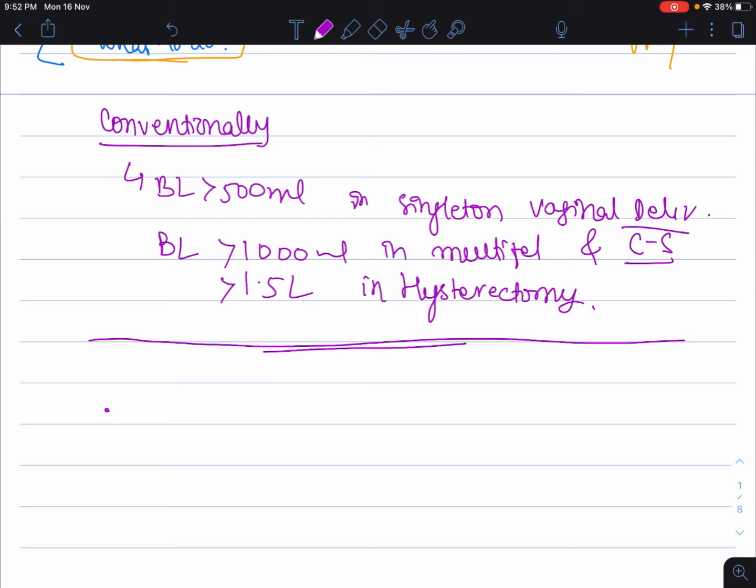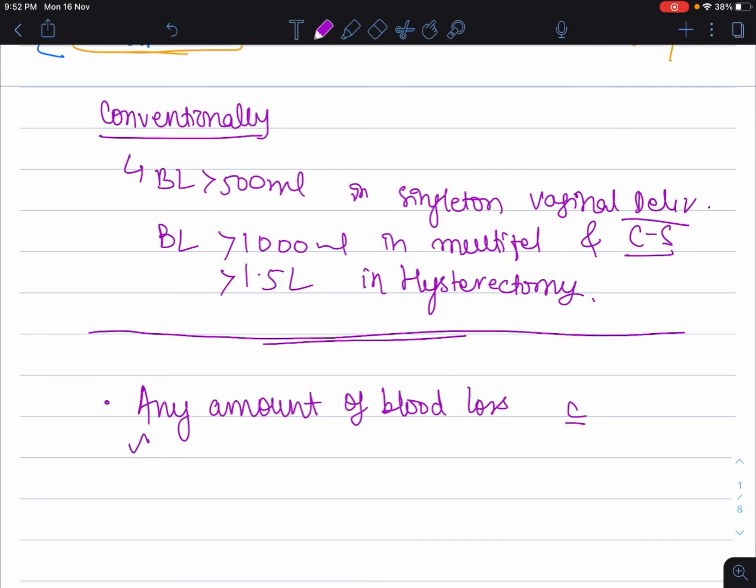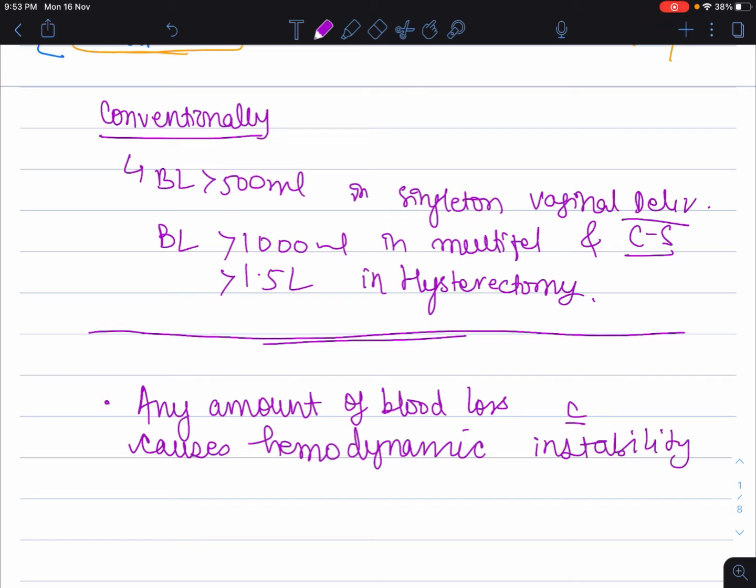So any amount of blood loss which causes hemodynamic instability is PPH. This is now the golden definition of PPH. Any amount of blood loss which causes hemodynamic instability is postpartum hemorrhage, right?